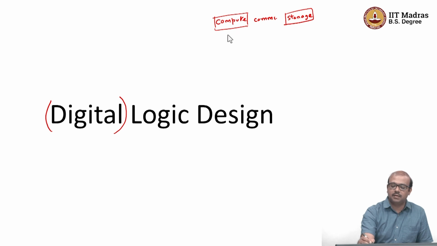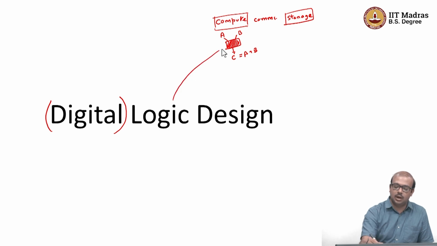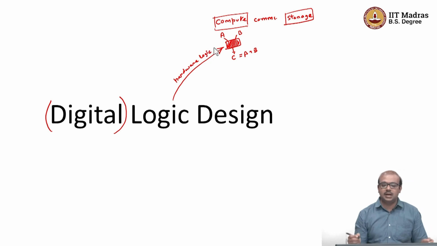So I gave an example of adding two numbers. Let's say you have one number a, you have b, and you want to create a circuit which takes a and b and outputs c, where c is equal to a plus b, right? So this is the logic that we want to design here. So when we say logic, this typically refers to the hardware logic. So you are essentially going to design a system or hardware which is going to consume these two inputs a and b.